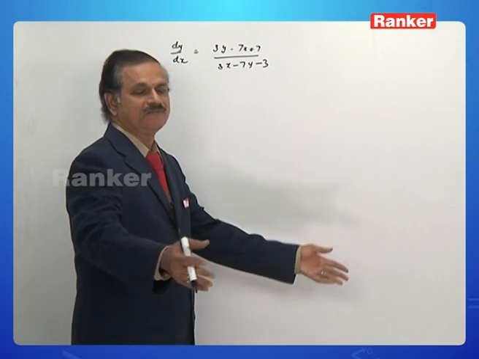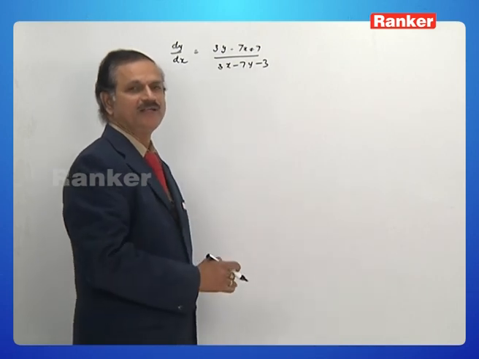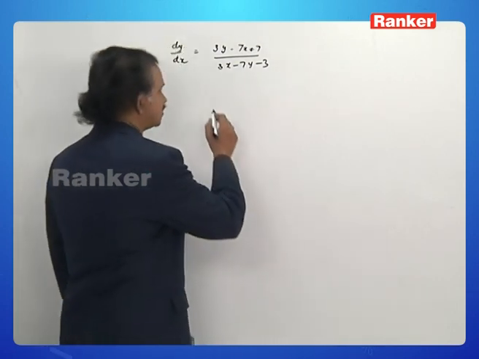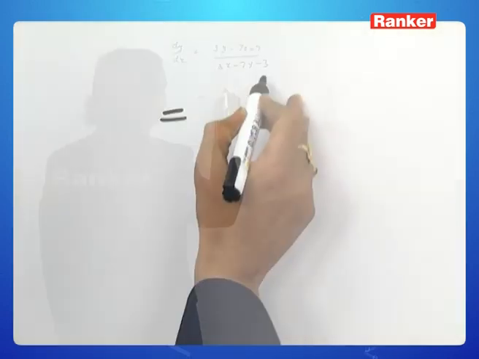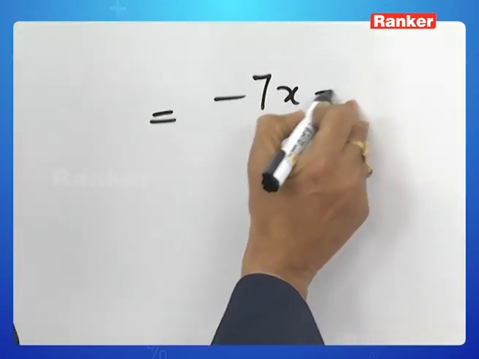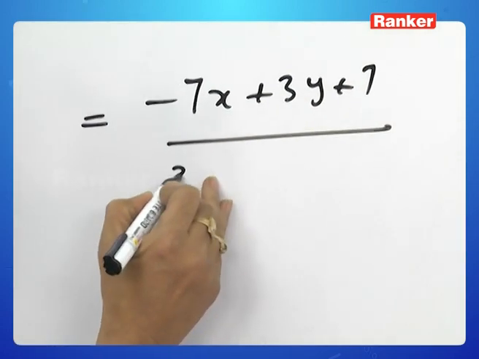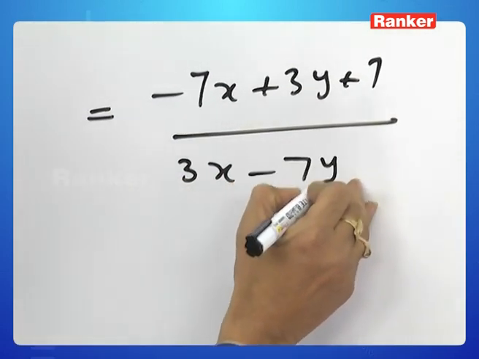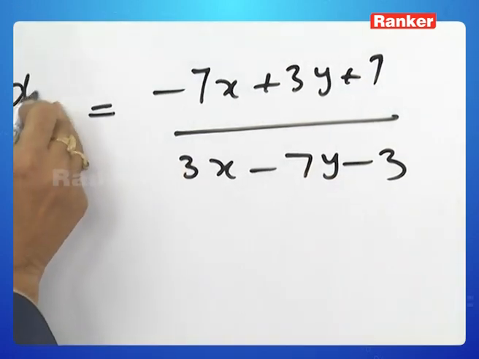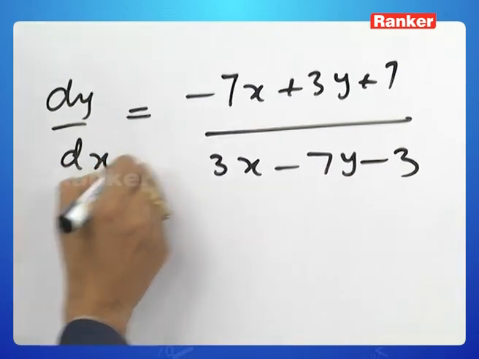So the first method, the first model is not applicable here. Well, let us try to get it simplified. This is equal to minus 7x plus 3y plus 7 by 3x minus 7y minus 3. This is dy by dx.